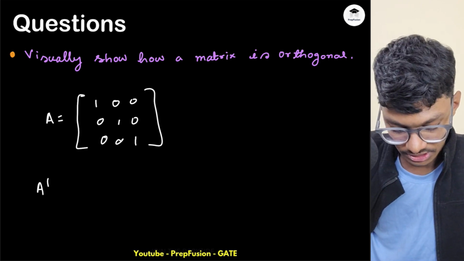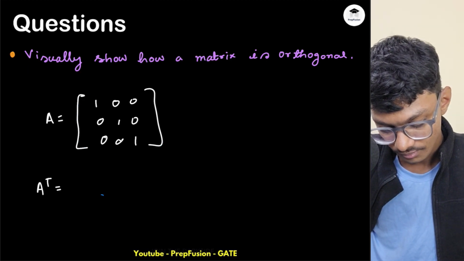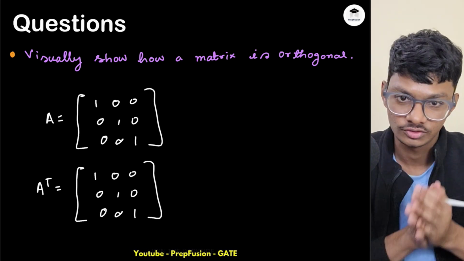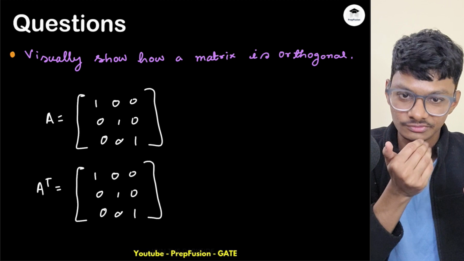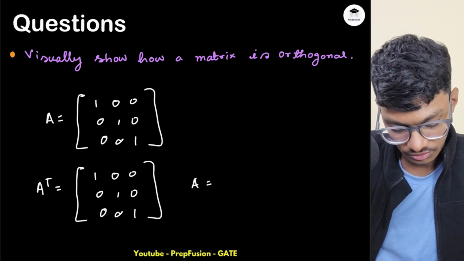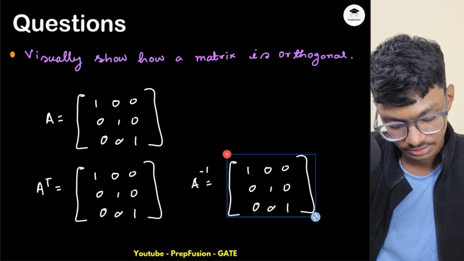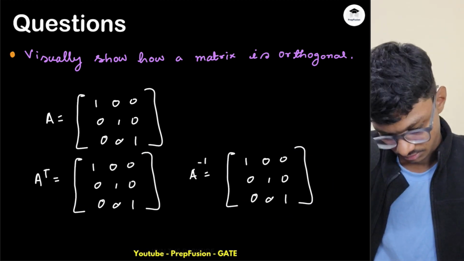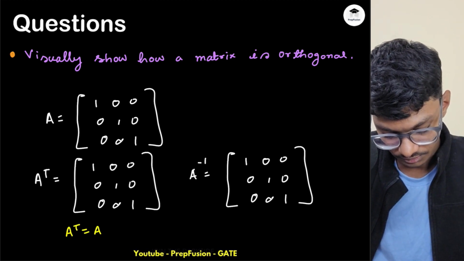So A transpose is the same, equal to the identity matrix itself, and the inverse of the identity matrix is the identity matrix itself, because 1 inverse is 1 itself. So A inverse is also the identity matrix. So basically what I can say is A transpose equals A inverse.